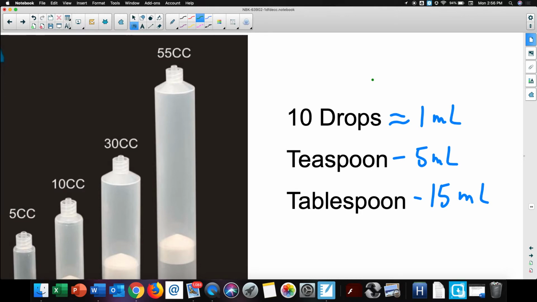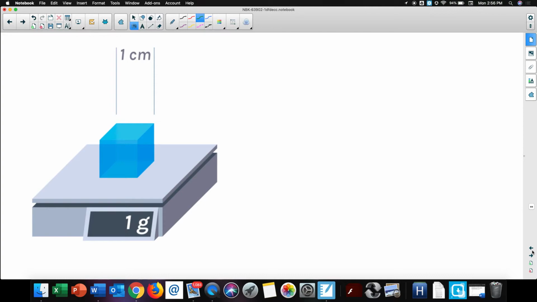We're going to take this 1 centimeter cubed, and we're going to fill that milliliter with something that we know any future civilization should have access to. What is that? Water. They said if we take 1 centimeter cubed of water, that's going to equal 1 gram.